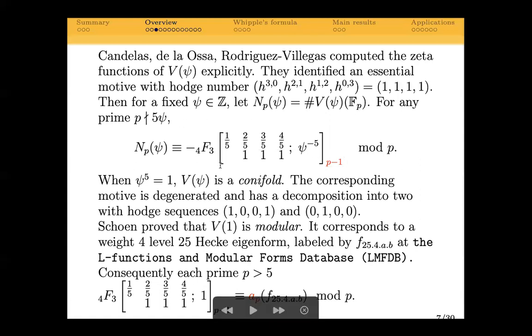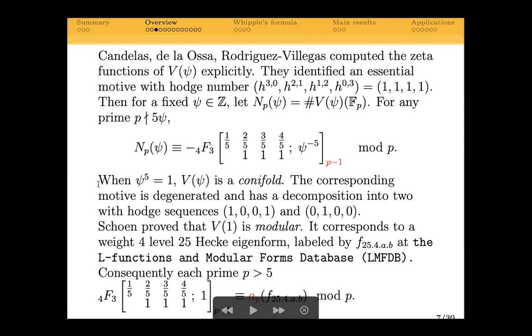This finite sum is playing the role of the Hasse invariant for number fields. Then the count on the left-hand side will agree with the truncated hypergeometric value modulo p. So this is a generic congruence. It works for any fiber. You pick any integer psi over here, then this generic congruence will hold.